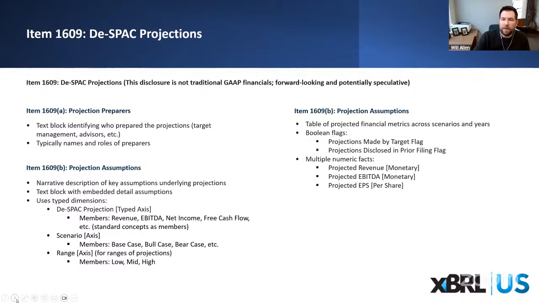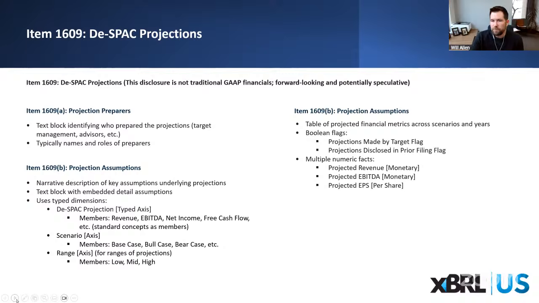The de-SPAC projection axis is typed, meaning that instead of using explicit members in a definition linkbase, we plug in the actual XBRL concepts as members. For example, instead of defining a member called projection revenue, we use the standard revenue concept from the taxonomy and attach the de-SPAC projection axis to it.